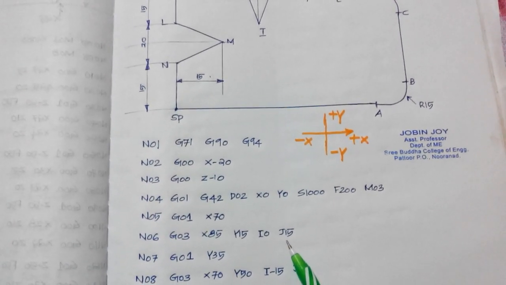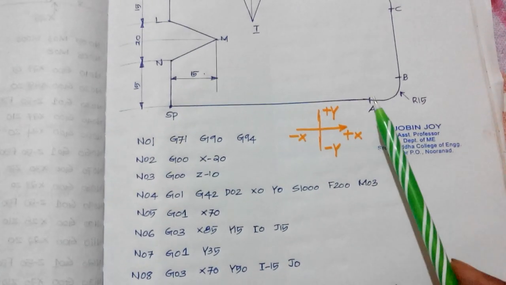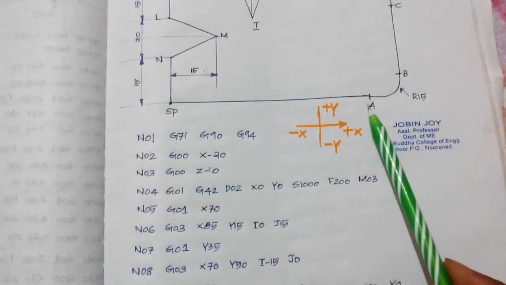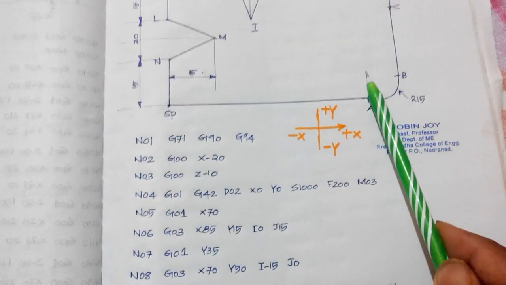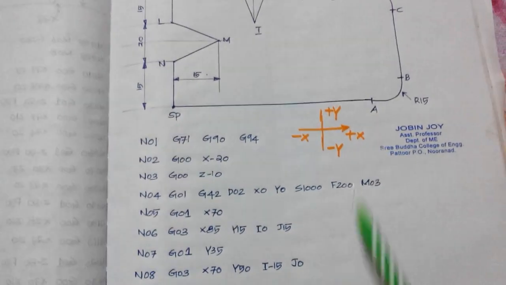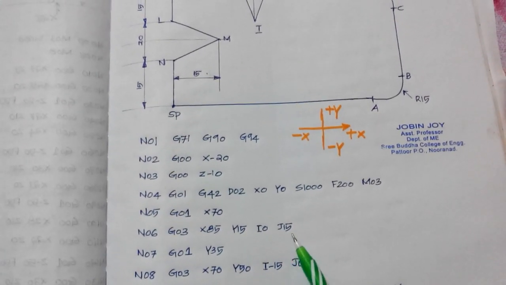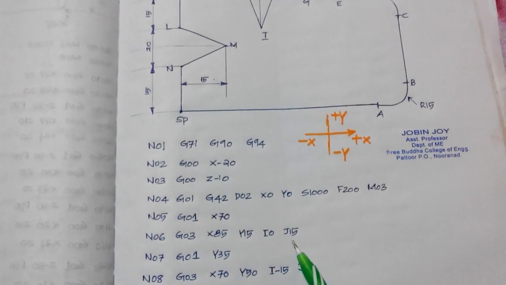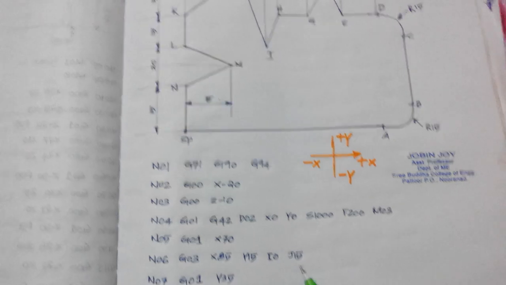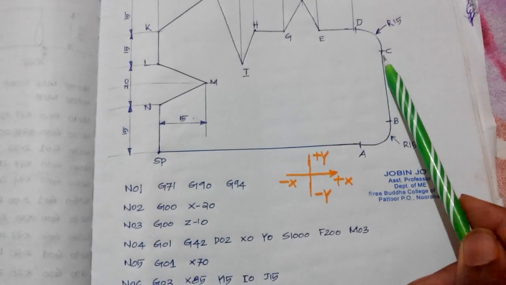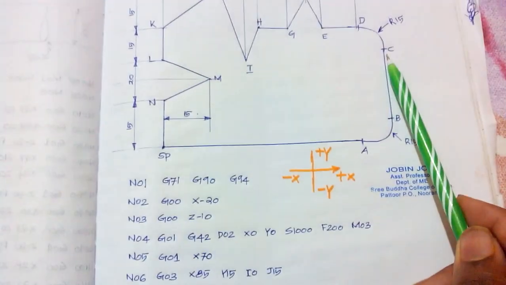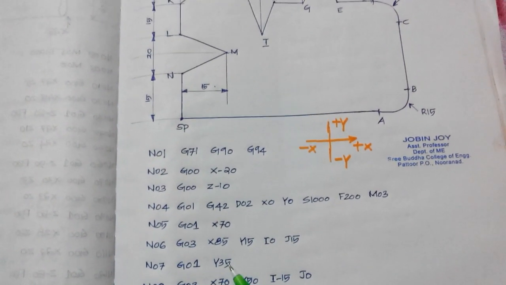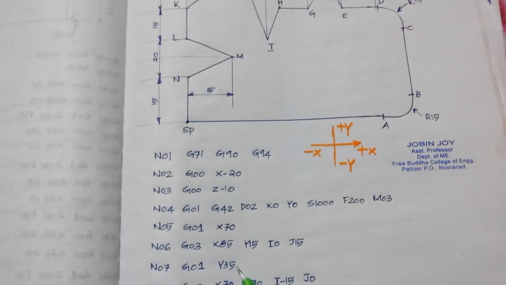And J value, what about the J value? Distance between start point and center point along Y axis. So this is start point, this is center point, so this distance is 15. So I just gave this J value is 15. Is it clear? Okay.